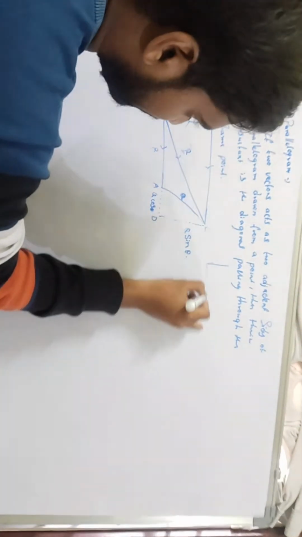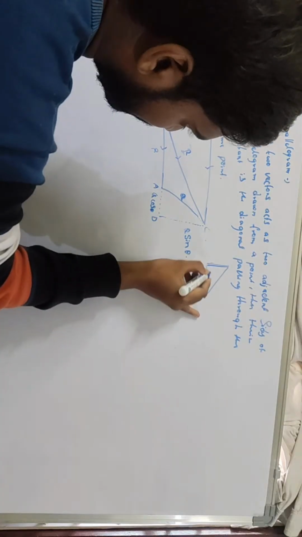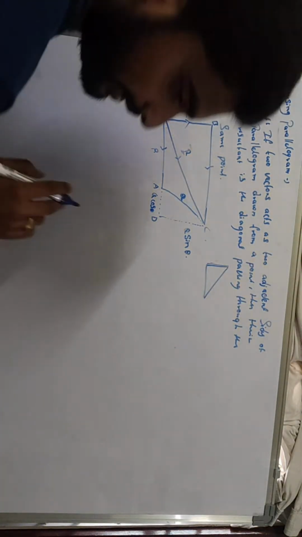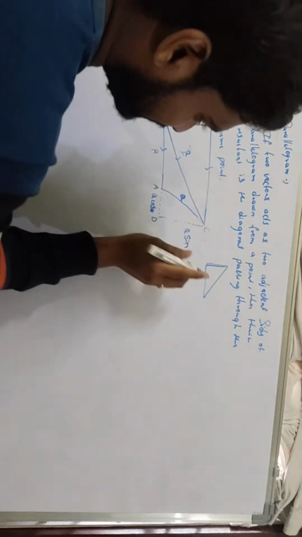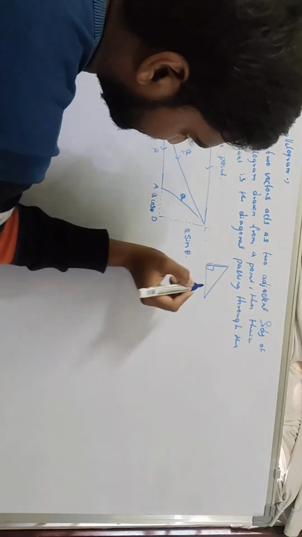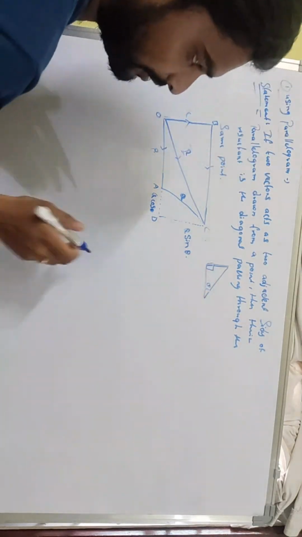In maths every diagram and every shape has its properties. Again, this is a right angle triangle. The angle formed here is 90 degrees and here is theta, other than 90 degrees, whatever it is.